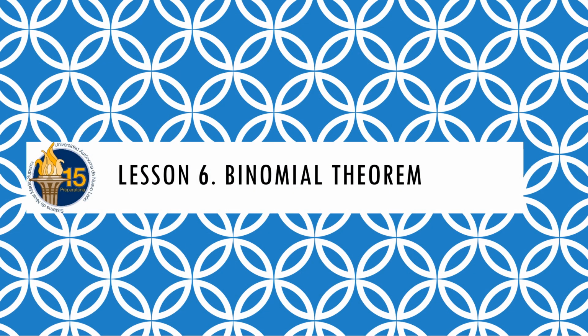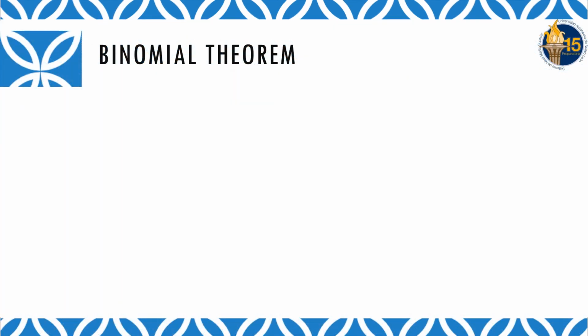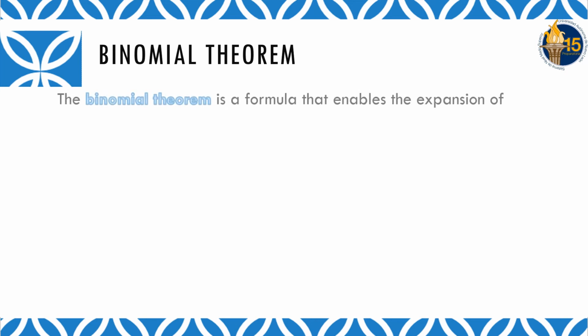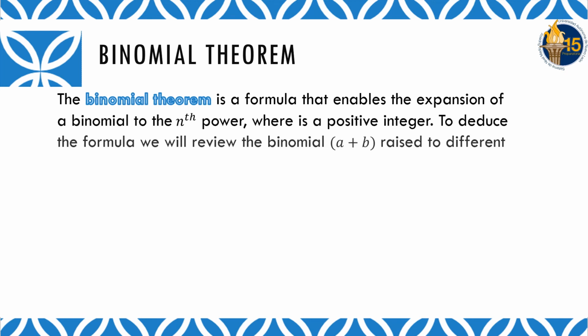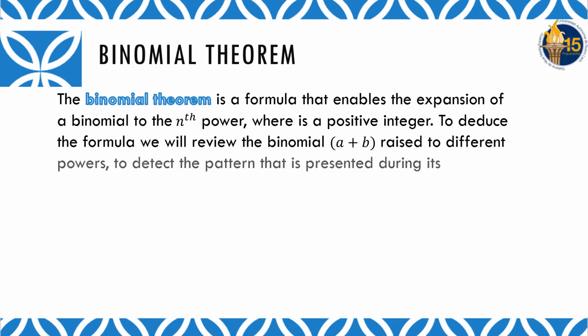Lesson number 6. Binomial Theorem. The binomial theorem is a formula that enables the expansion of a binomial to the n power, where n is a possible integer. To deduce the formula, we will review the binomial a plus b, raised to the different powers to detect the pattern that is presented during its expansion.